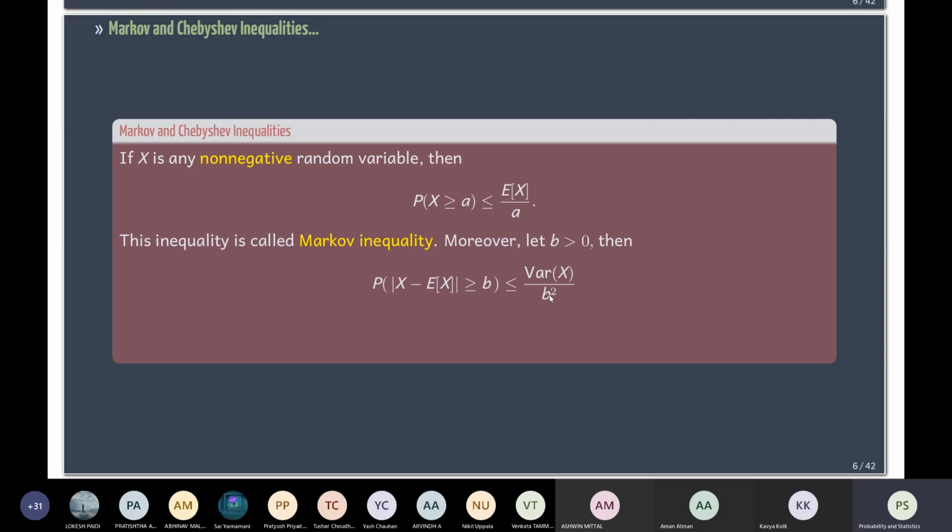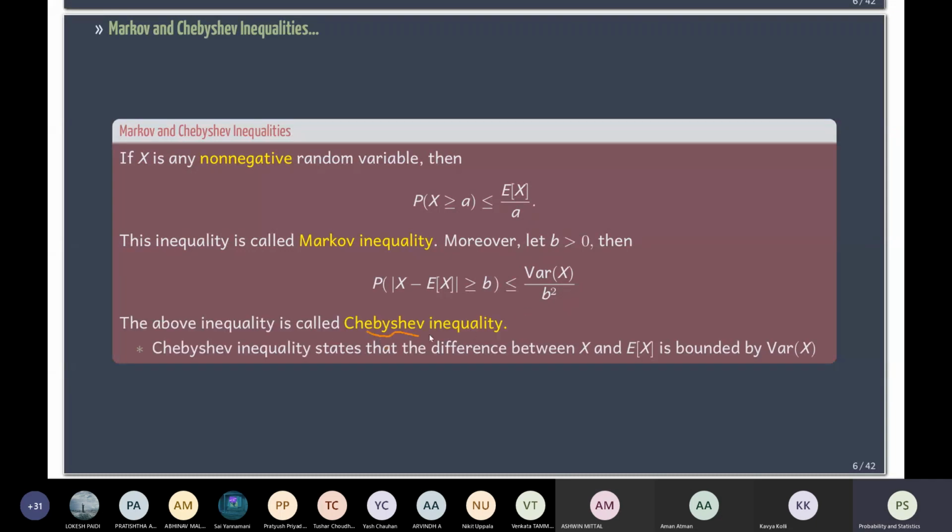Obviously, b is a constant here. So it's like your bound is proportional to the variance here, and there your bound is proportional to the expectation. Okay, so this is given a new name. So the above inequality is called the Chebyshev inequality, and states that the difference between x and E[x] is bounded by variance. Okay, but that is kind of expected, right?